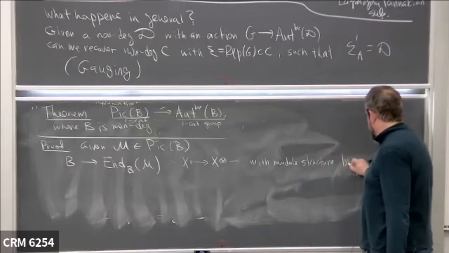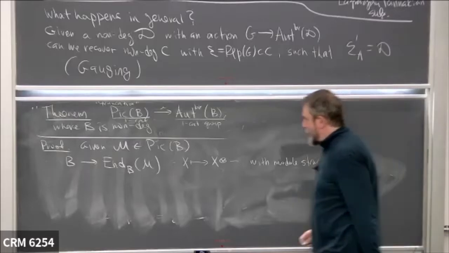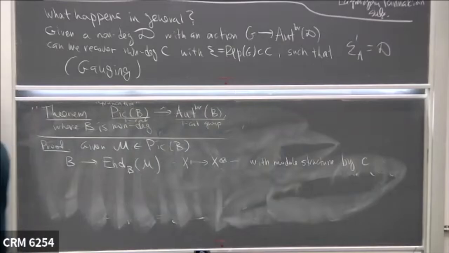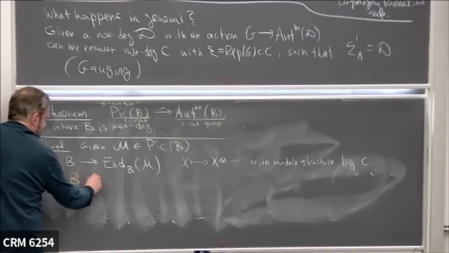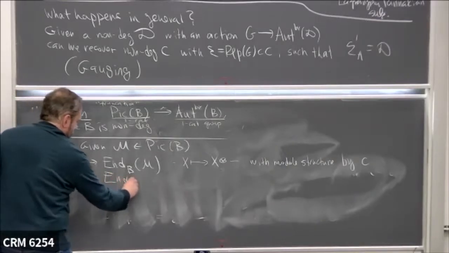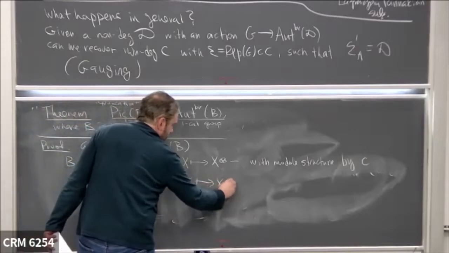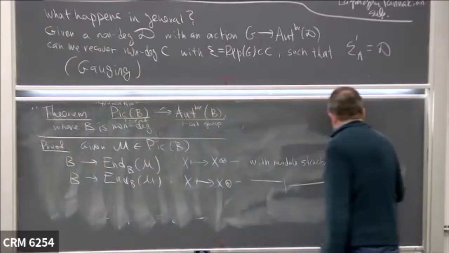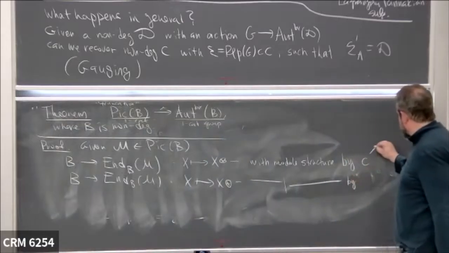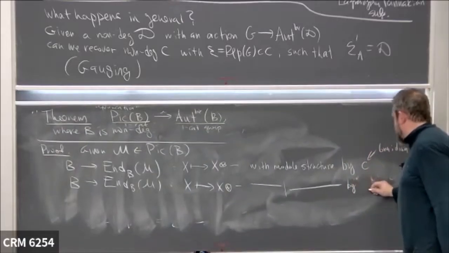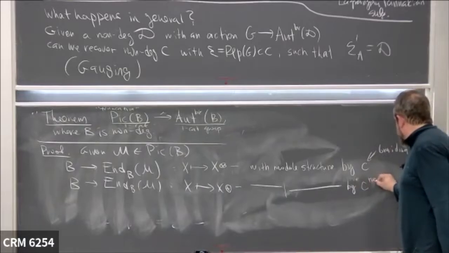So this module structure is given by the braiding. But we did mention this earlier, that braidings come in pairs. Along with every braiding, there is its reverse, right? So we can do an equally good thing by considering the same functor, but now with the module structure defined by the reverse braiding.